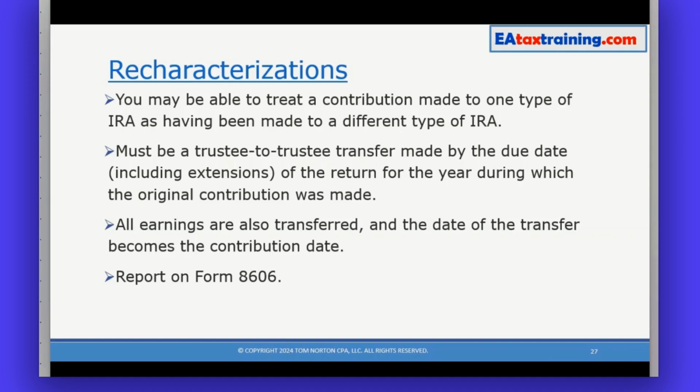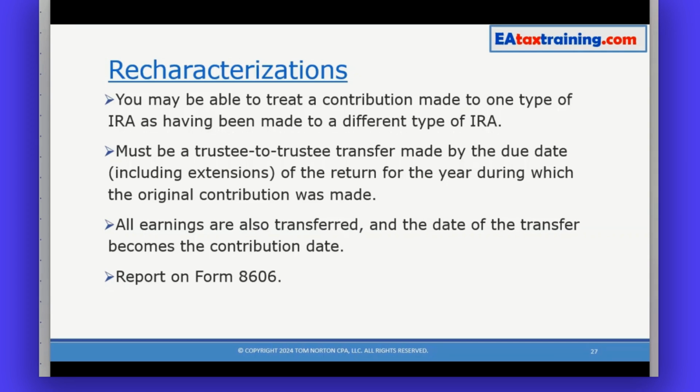So, for example, let's say you set up a traditional IRA in July of 2023. You have until the due date of your tax return in order to do this recharacterization, and that includes extensions. So if you apply for an extension to October 15th, then you can do this recharacterization all the way up to October 15th of 2024.